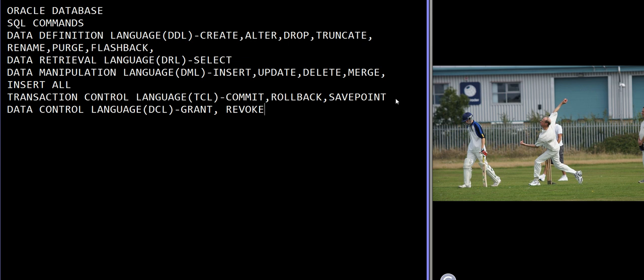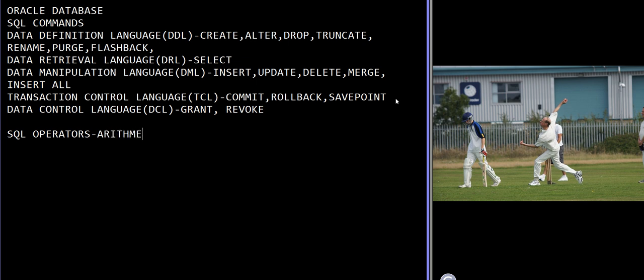And in this SQL commands topic as well, we will cover another topic, that is SQL operators. So SQL operators, I am not going to deep dive into it. I am just covering the types of operators.